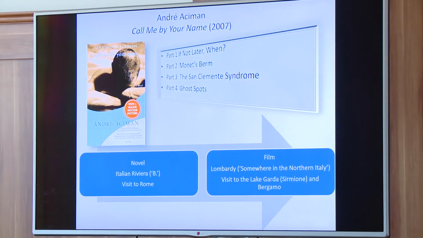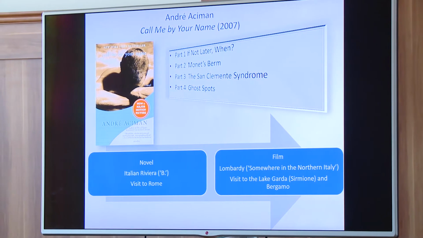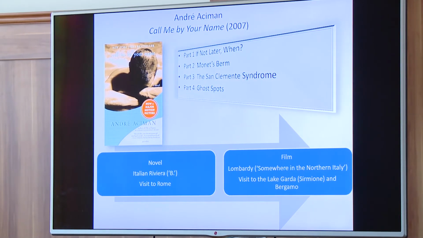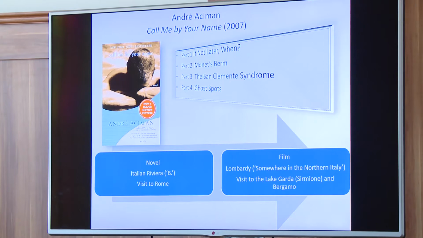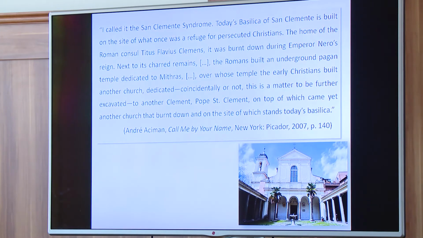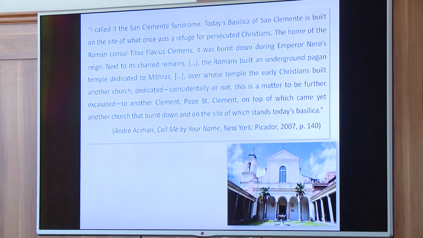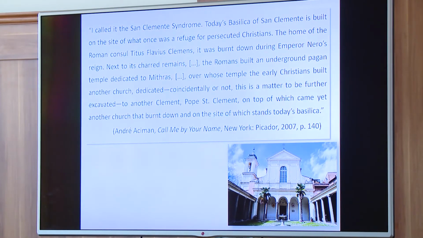But in the film he is not a writer. The central image is the image of the Basilica of San Clemente. It disappears from the filmic story along with all storylines connected to writing as such.